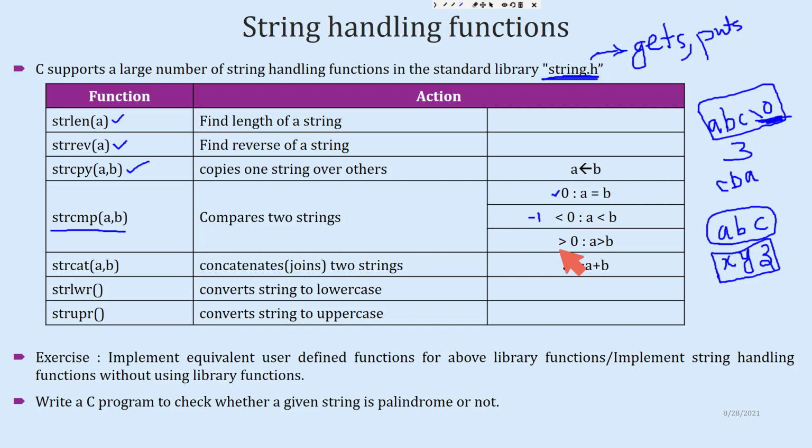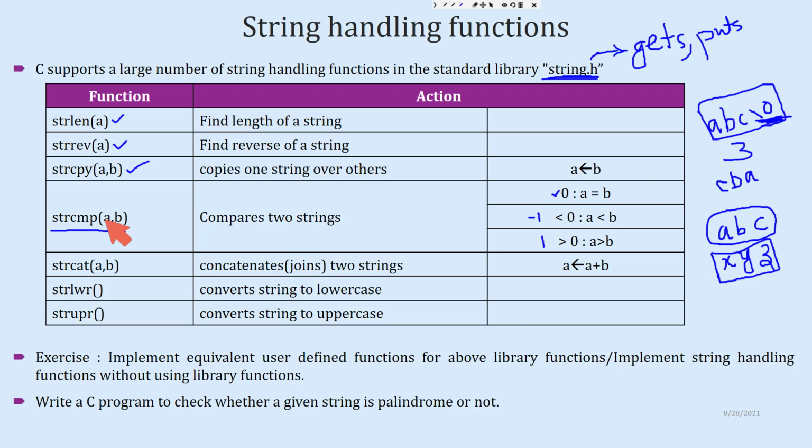If the first string is greater than the second one, then some value greater than 0 will be returned. Some compilers produce 1 as output, while others give a larger value. Here also some compilers give -1, and others give smaller values than -1, still negative.